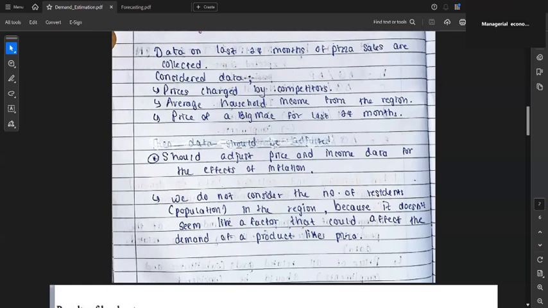We should adjust price and income data for the effects of inflation. The income and the price, as you know, change with inflation.